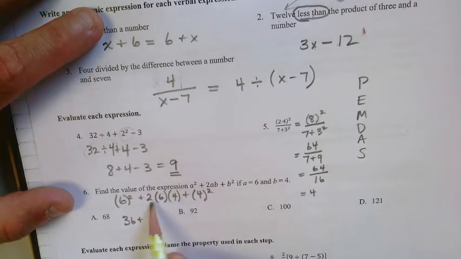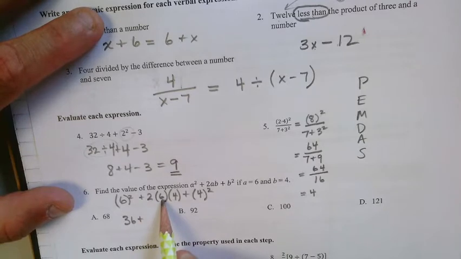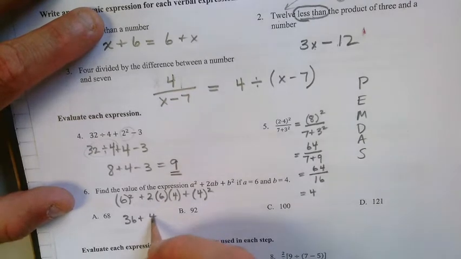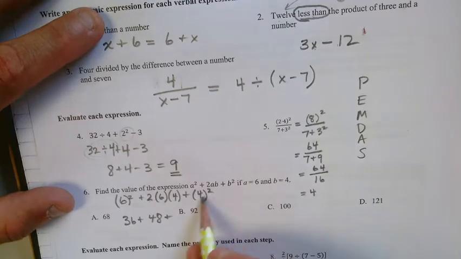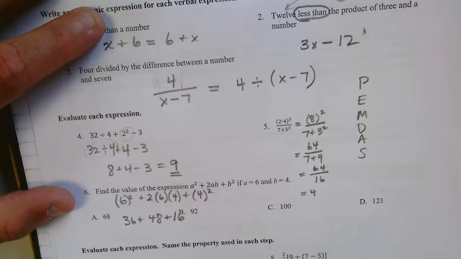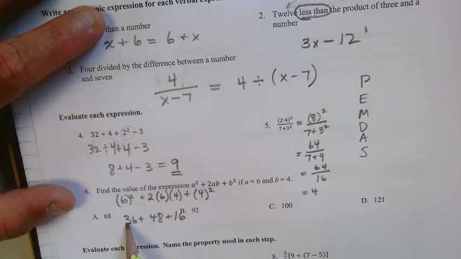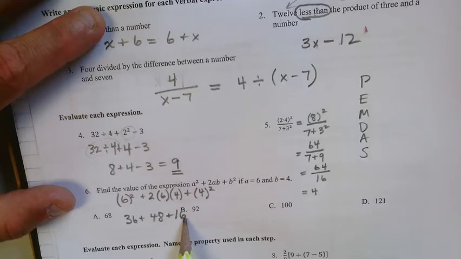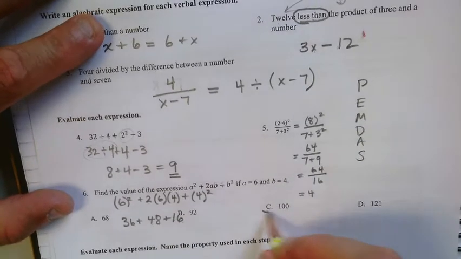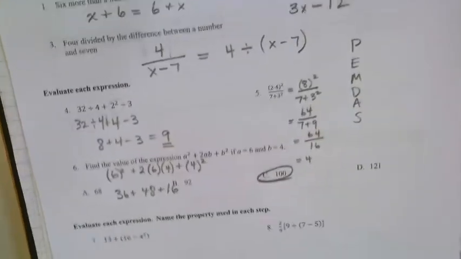I'm also going to go ahead and multiply these together. 2 times 6 is 12, times 4 is 48. And 4 squared is 16. Now from there, if I add these together, 36 and 48, let's see, 70 and 14, so 84, plus 6 would be 90, plus 10 would be 100, so C is going to be my answer there for number 6.